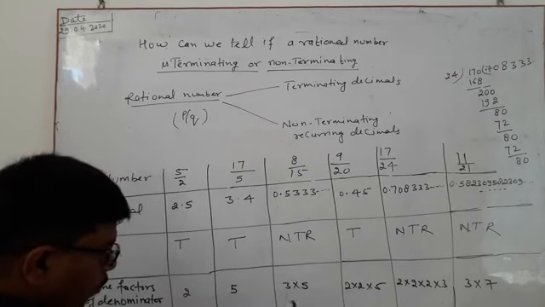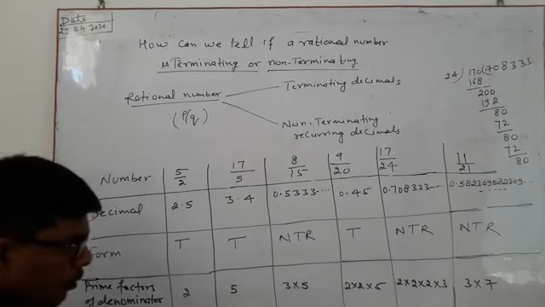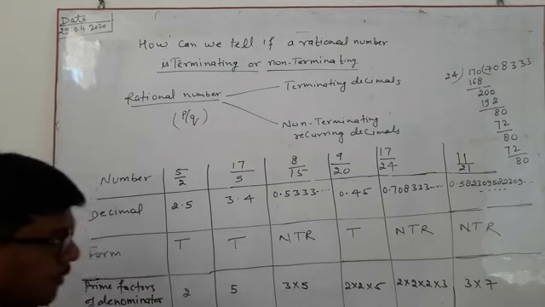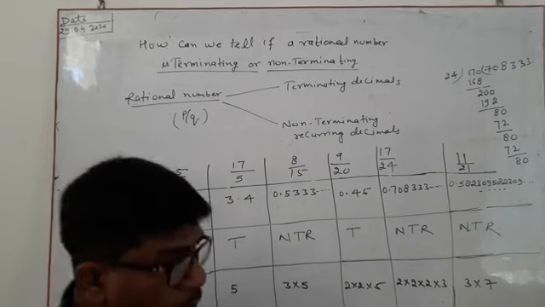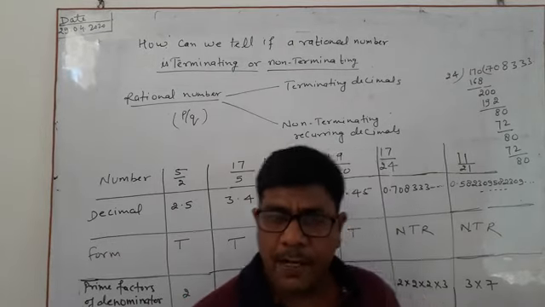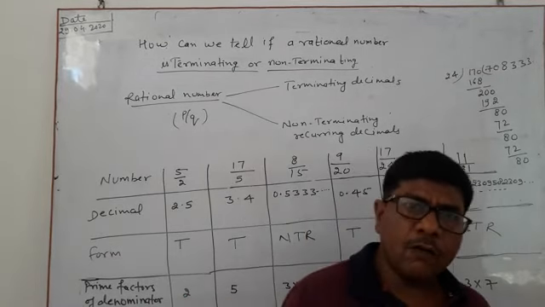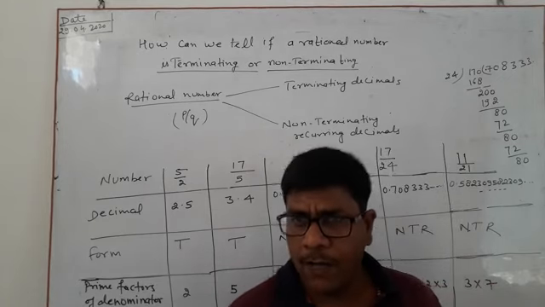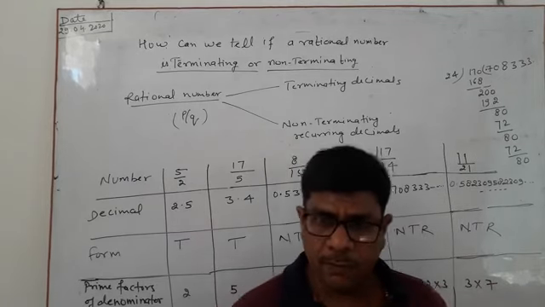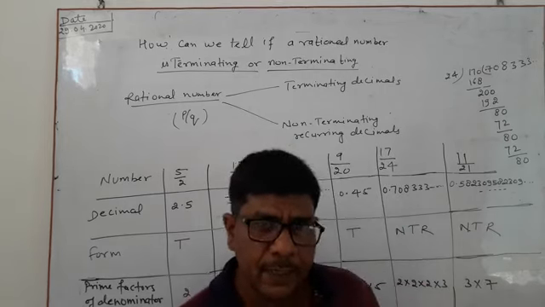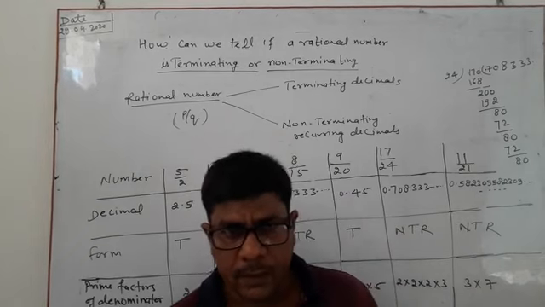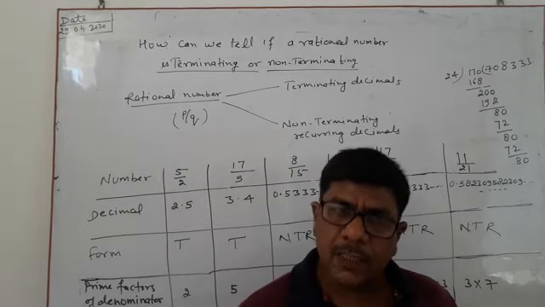This is the way to find, without actual calculation, whether a rational number is terminating or non-terminating. What is the rule? The rule is that if the prime factors of the denominator are of the form 2 or 5 or both 2 and 5, then we can say this type of rational number is terminating. Otherwise, it is non-terminating.